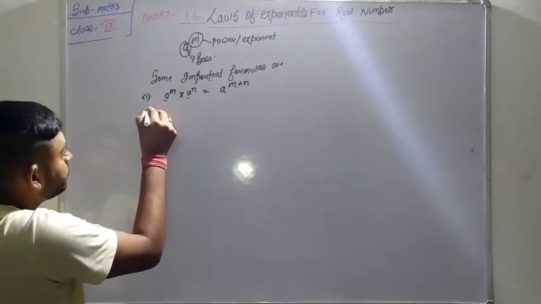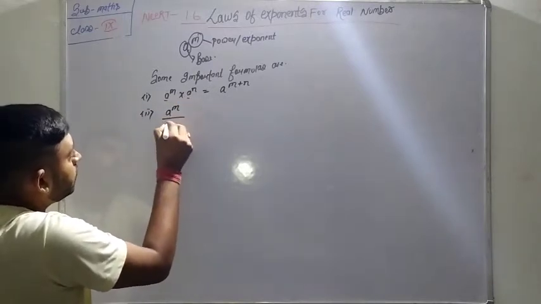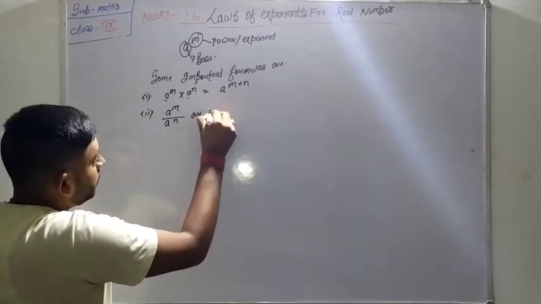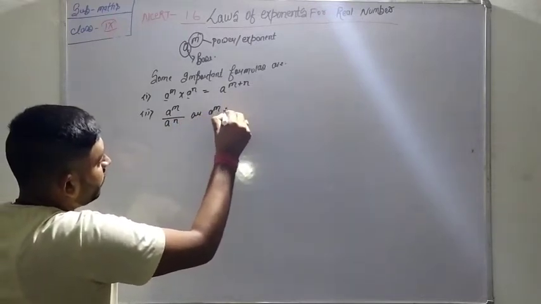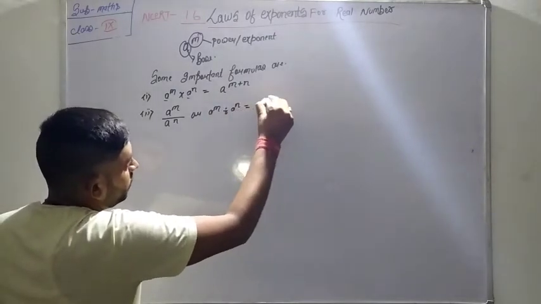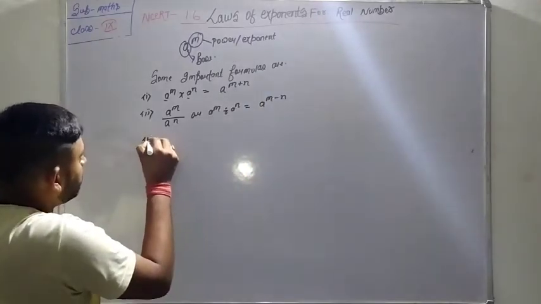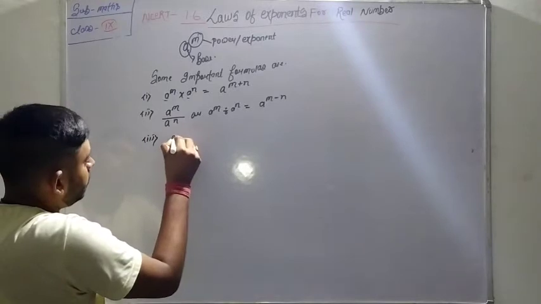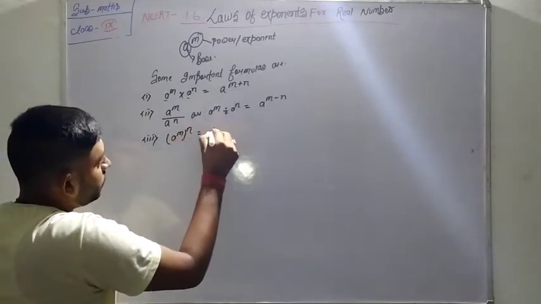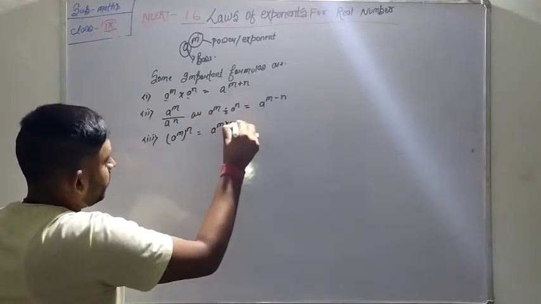Number 2: a raised to the power m divided by a raised to the power n is equal to a raised to the power m minus n. And number 3: a raised to the power m, to the power n, is equal to a raised to the power m into n.